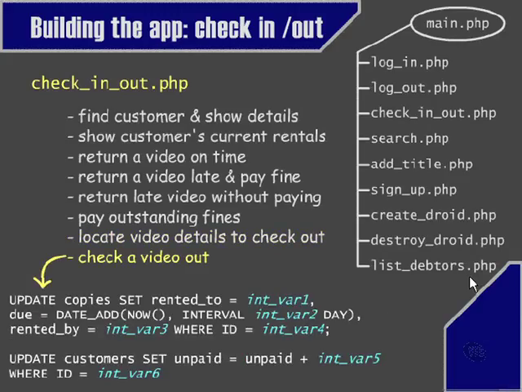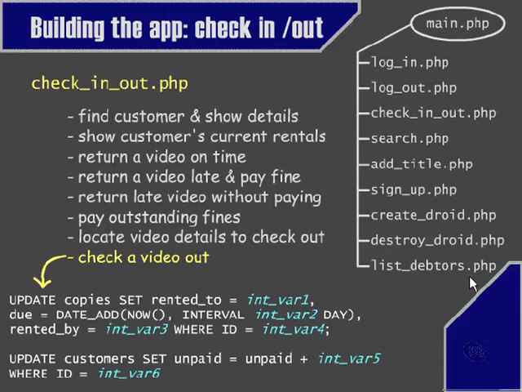Finally, to check a video out, again this is a two-step process. We set up on the copies table the customer who has just rented the video, and for the due date we use the date add function. We use the now function to get the current date, and then we add an interval of a certain number of days.